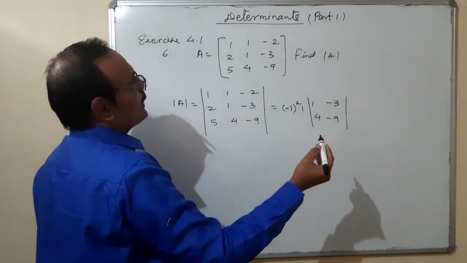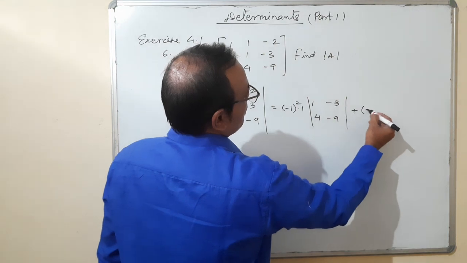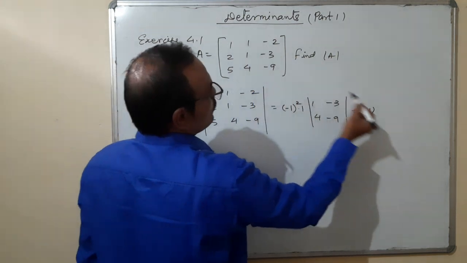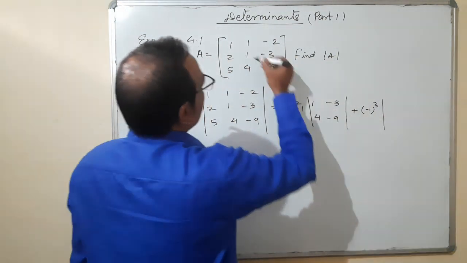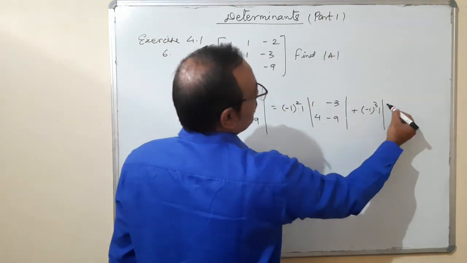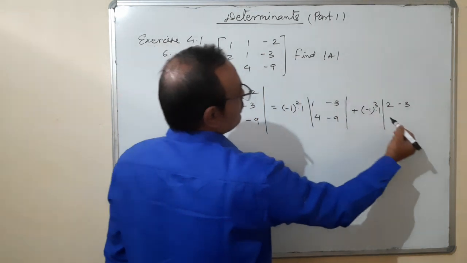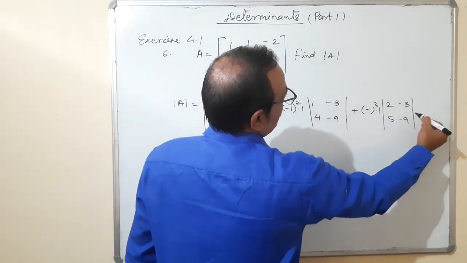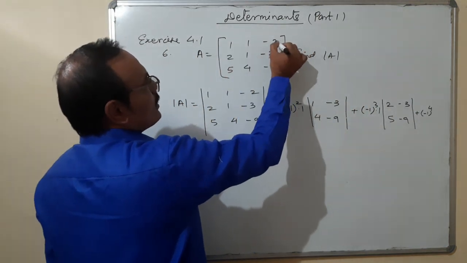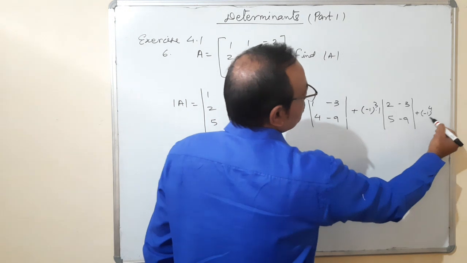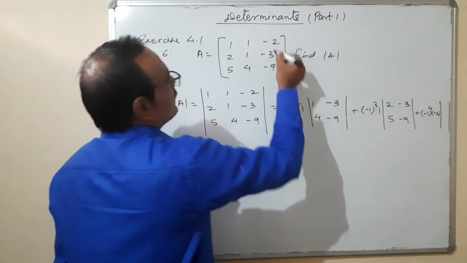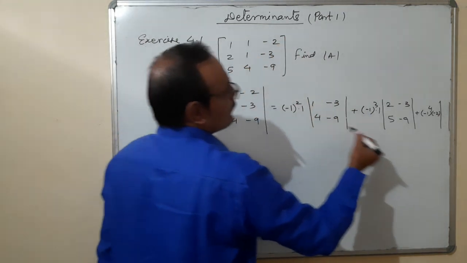After that, the second element from the row: plus minus 1 to the power, the position is 1 2, which means 3, and leaving this row and column, 2 minus 3 and 5 minus 9. Third one, minus 1 to the power 4, because this is the first row, third column, 1 plus 3 is 4, minus 2, and in the determinant, leaving this column and row, 2 1 5 4.